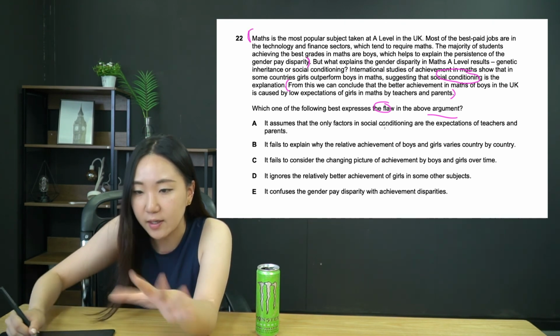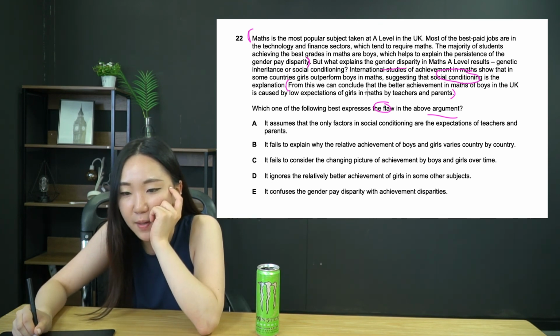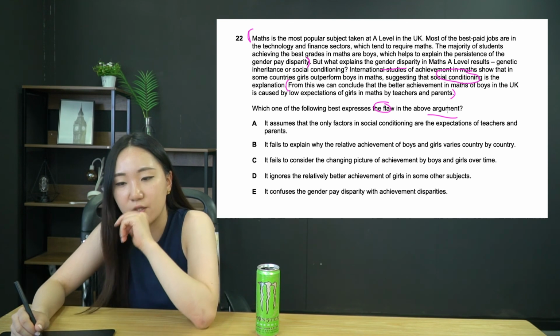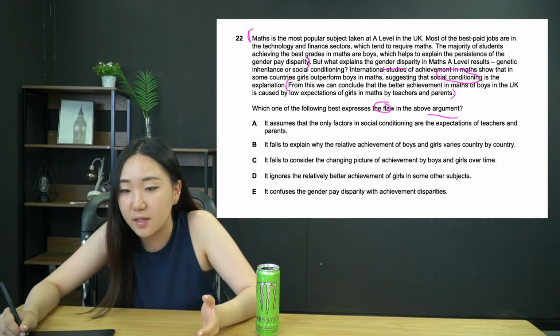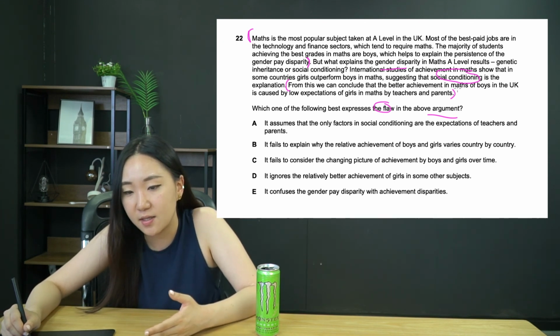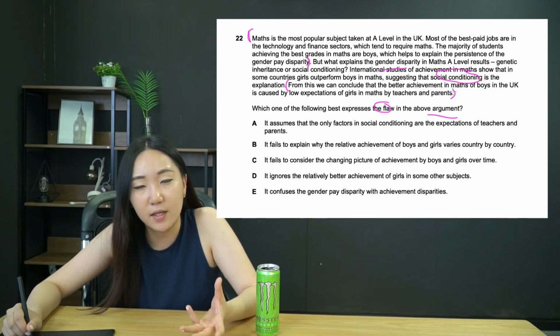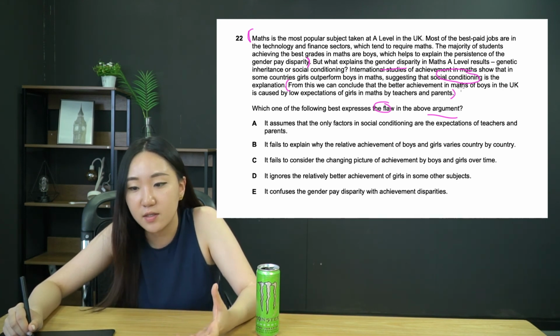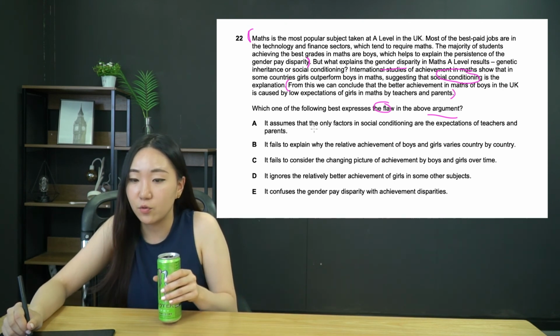It's just explaining who's better at maths, and then we're saying what explains the gender disparity: genetic inheritance and social conditioning. Clearly, this is wrong. The flaw you can immediately tell without even reading the answers is that social conditioning is basically being considered the same as low expectations. They've made a huge jump in logic there. That doesn't really make a lot of sense when they haven't even defined social conditioning. So I'm going to be looking for that as the flaw, essentially.